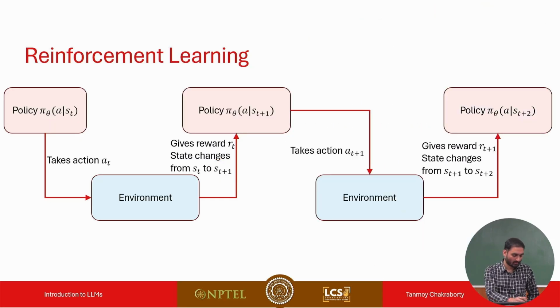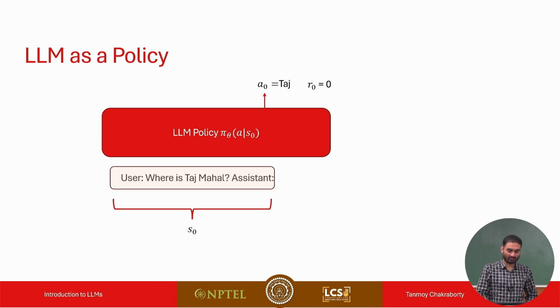So with the policy, you take action AT, explore the environment, and through that you move to state St plus 1. At St plus 1 you again take an action A, explore the environment, and move to state St plus 2, and so on and so forth. So: where is Taj Mahal?